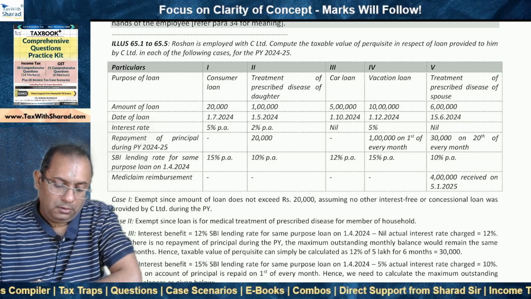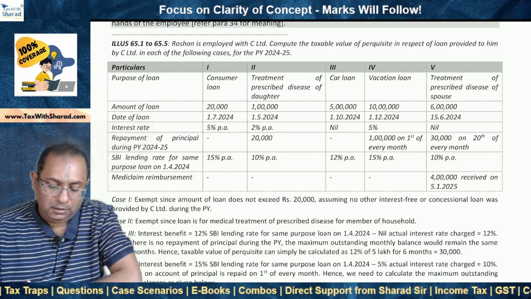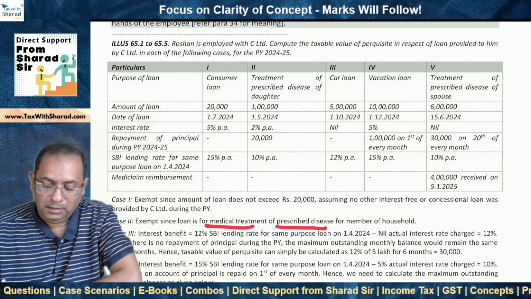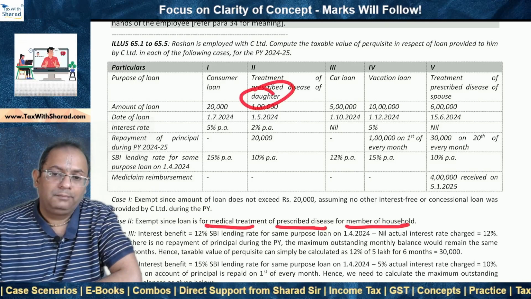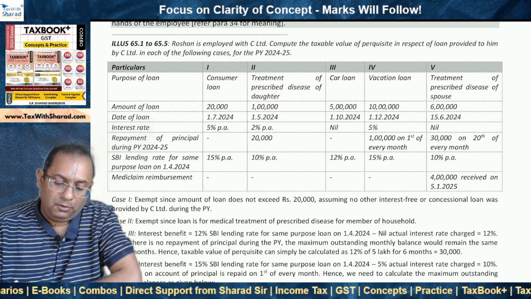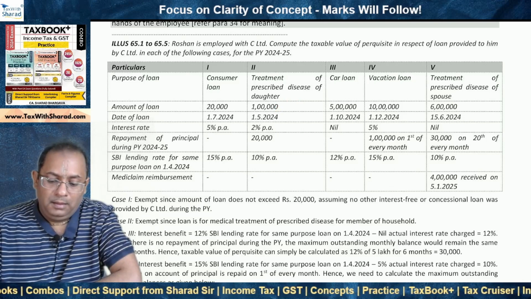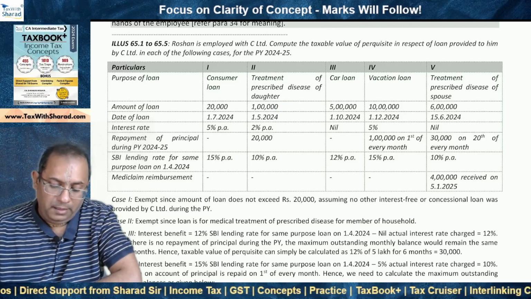So in this case also the perquisite will remain exempt, since the loan is for medical treatment of prescribed diseases for a member of household, daughter. So even if it is more than 20,000, it doesn't matter, the value will remain exempt.